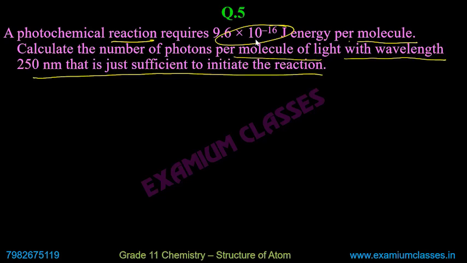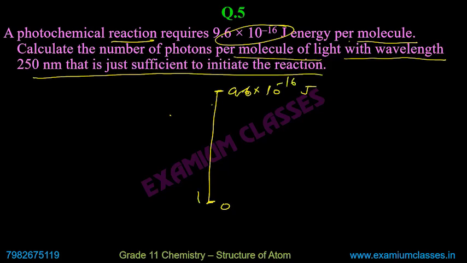Okay. Yes, Aryamanpal. Sir, do we use the energy, 9.6 divided by the energy per photon of light? Right. Okay. So all answers are correct, right? There was a query that was somewhat different, but the answers are correct because the reaction requires this much energy, 9.6 into 10 to the power minus 16.